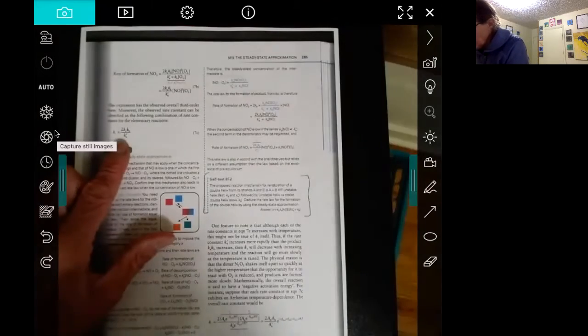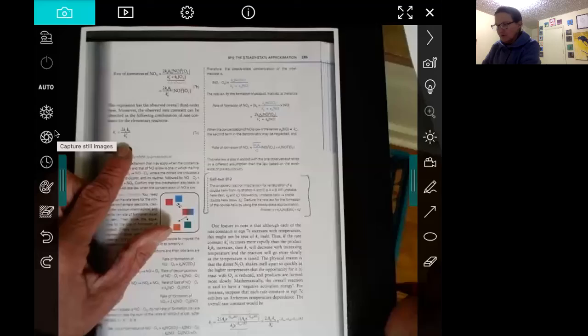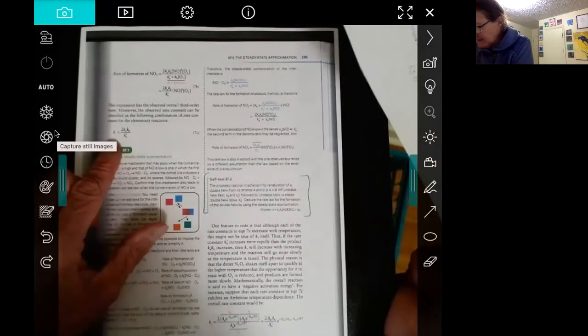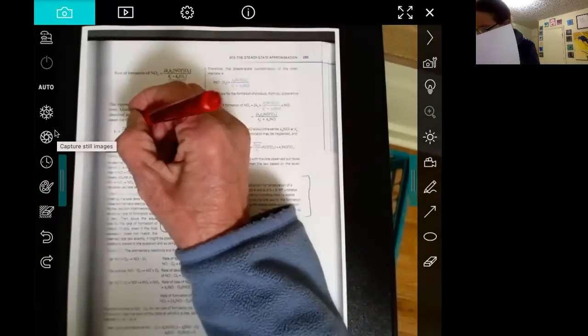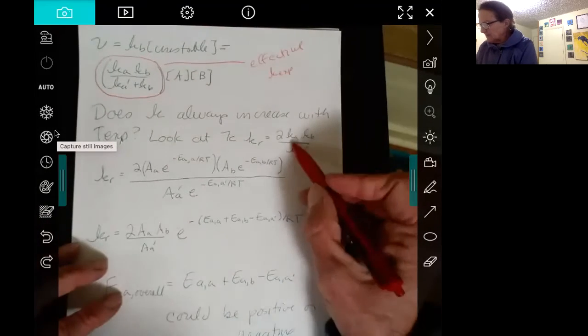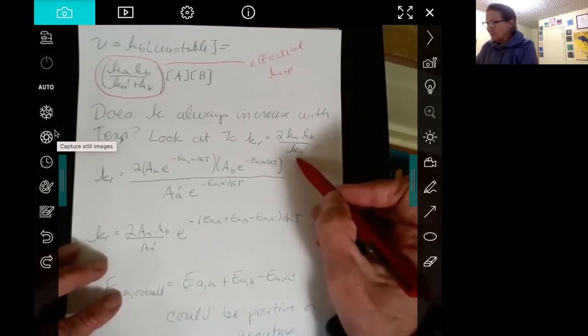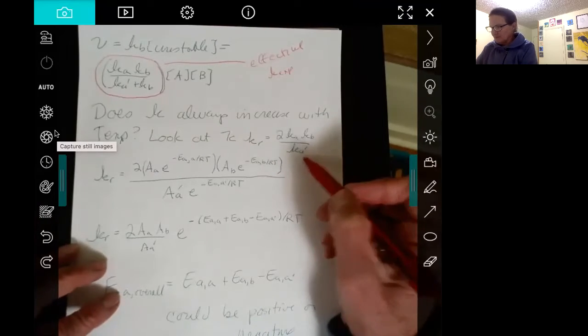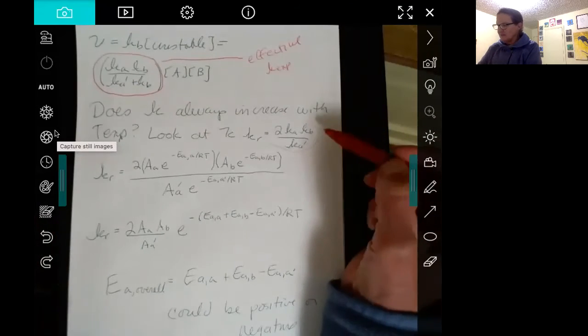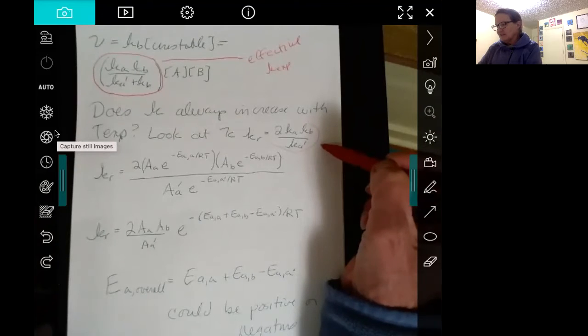I'm doing 7C, this guy right here, which is the one for the N2O2 reaction. It just says that the experimental rate constant is 2 times Ka times Kb over the reverse rate constant for the first step. So it doesn't really matter what the reaction is, but this would be the effective rate constant.